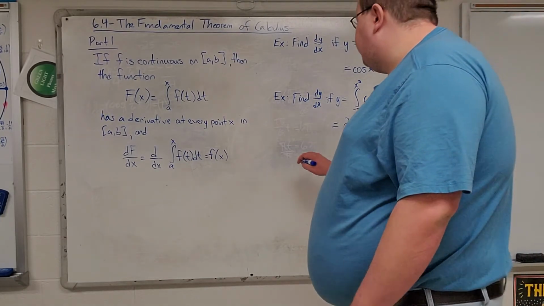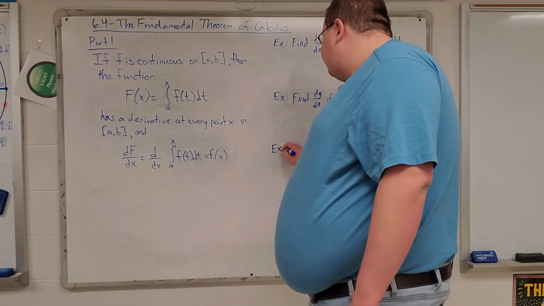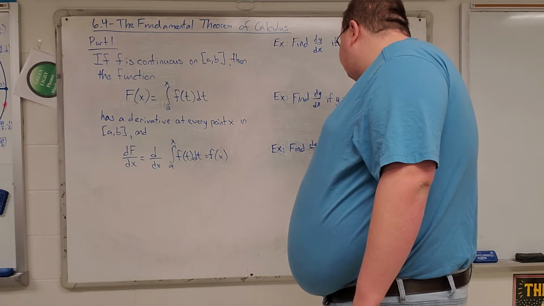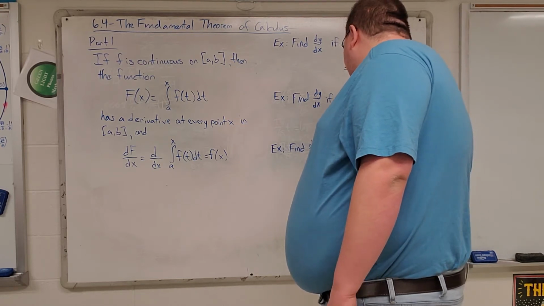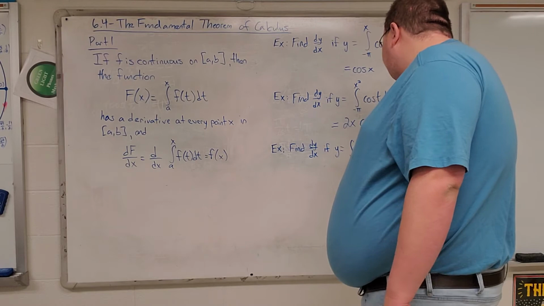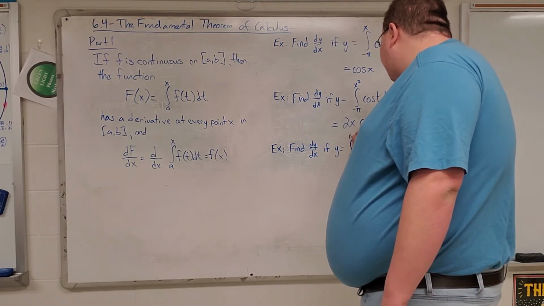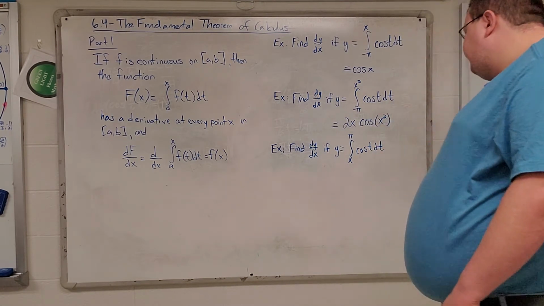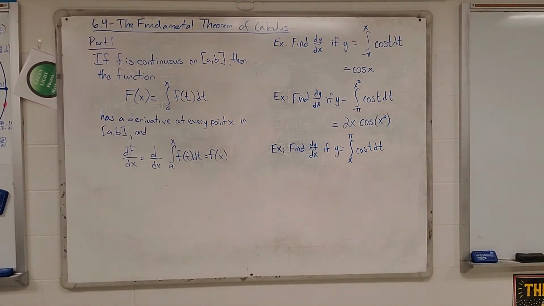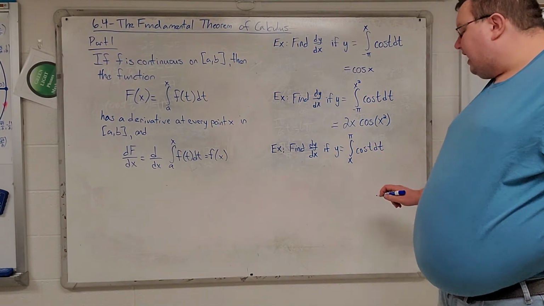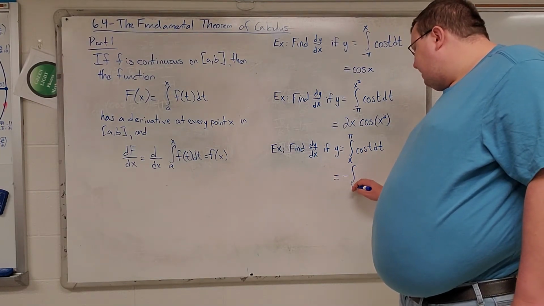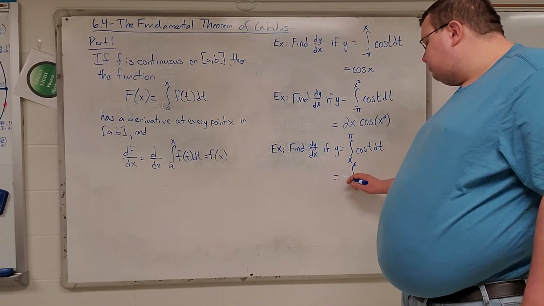Also, you can use your properties from yesterday's Ed puzzle video. So if instead I wanted to find dy/dx if y is equal to the integral from x to pi of cosine t dt, my x is on the bottom instead of on the top, and my constant is on top. I can just rewrite that as negative the integral from pi to x of cosine t dt. I can flip the bounds and just put a negative in front.